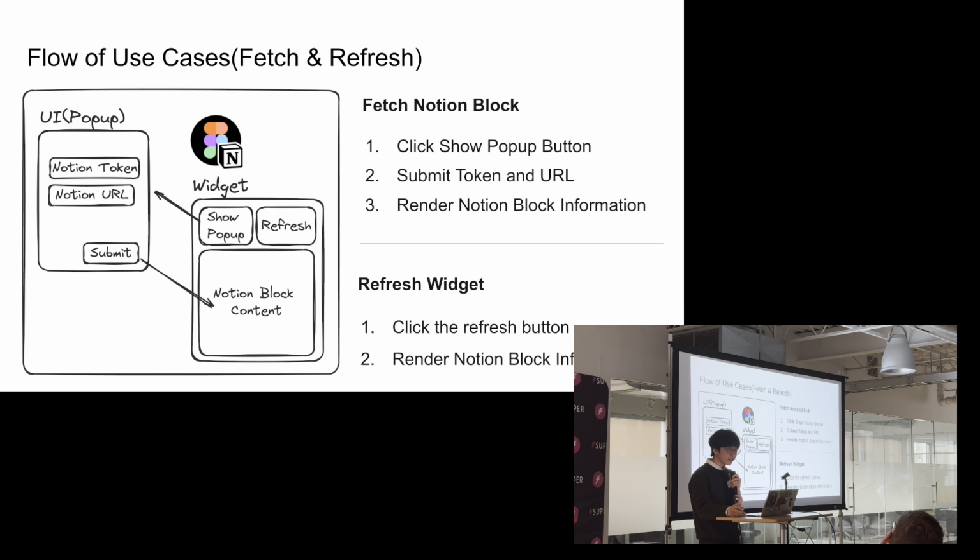After you submit it, the widget uses the Notion API to fetch the block information and renders it in the form of a Figma widget. Another use case is refreshing it by clicking the refresh button. The widget updates and re-renders with the latest information from that block.